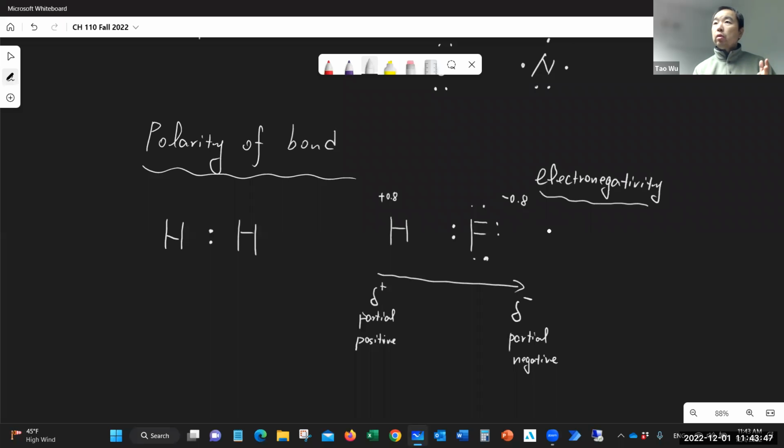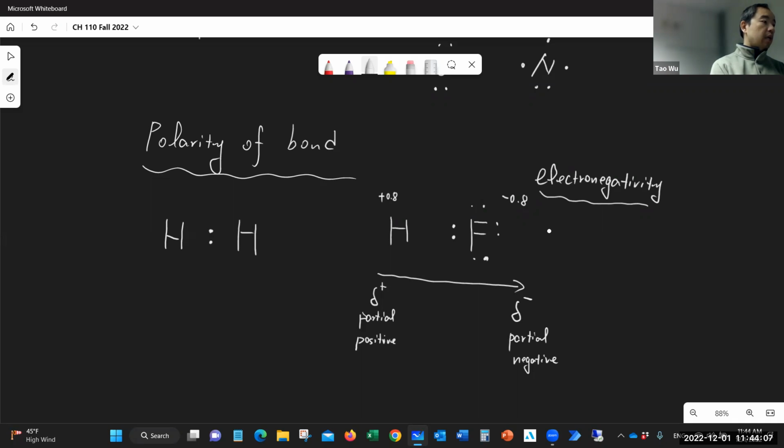So now the polarity is coming out. One has a positive charge, one has a negative charge, and then we have two poles. One is a positive pole, the other is the negative pole. Okay, so that is why we call this polarity.